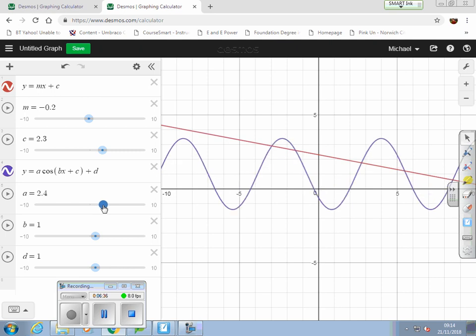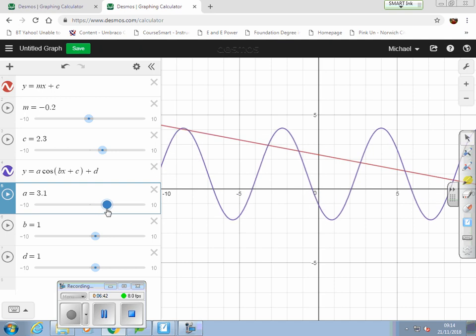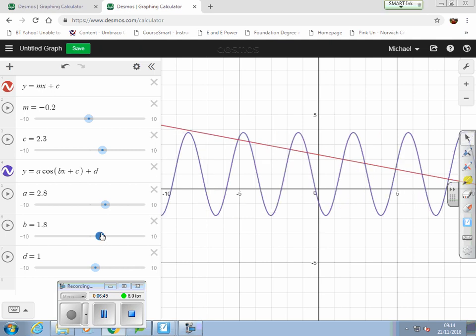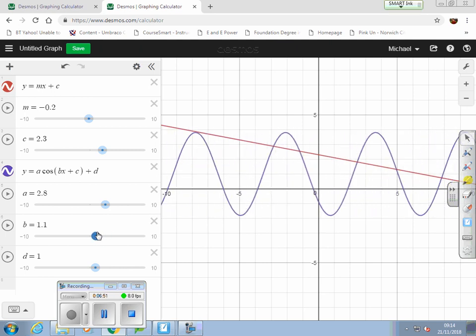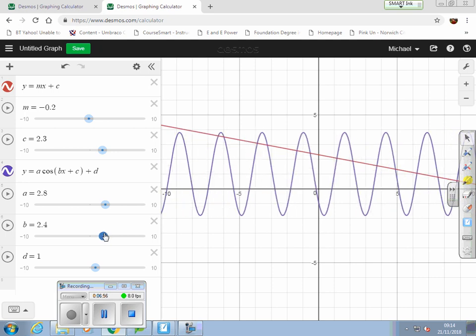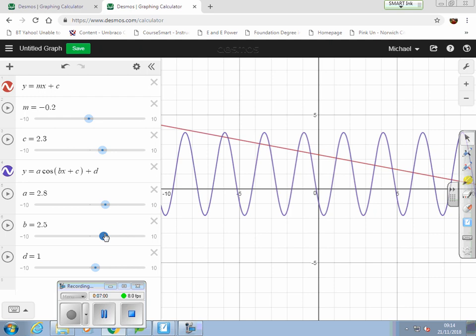Right, a makes the wave taller or shorter. That's the magnitude. It's the cosine, not sine, I should have said. b is the frequency. It makes the period shorter or longer.